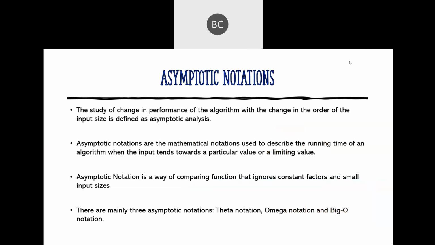Okay, so the main part is the asymptotic notations. This is mainly for the time complexity. As I mentioned earlier, we are mainly concerned about time complexity more than the space complexity.